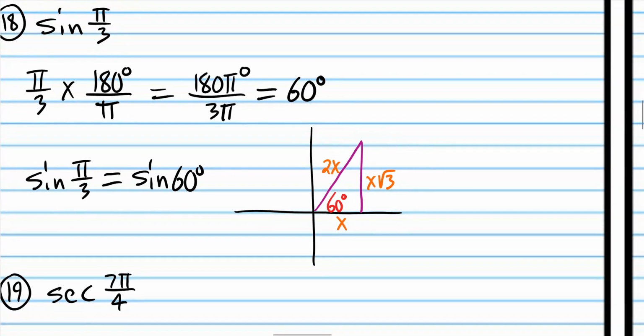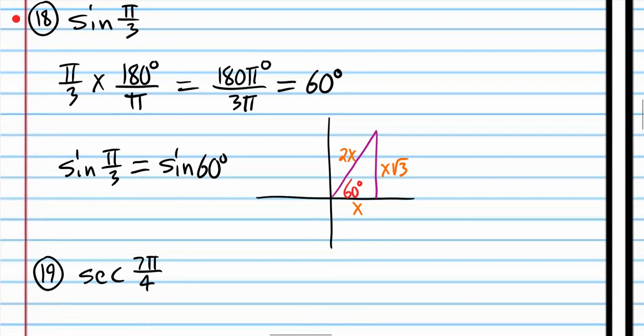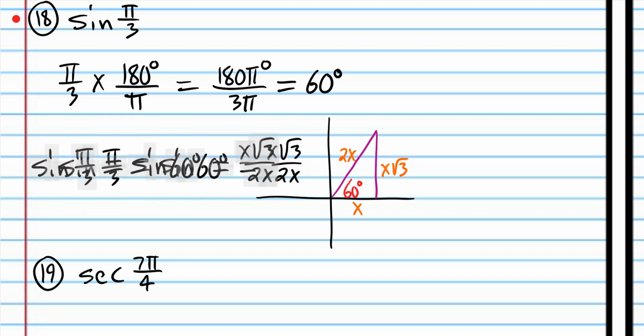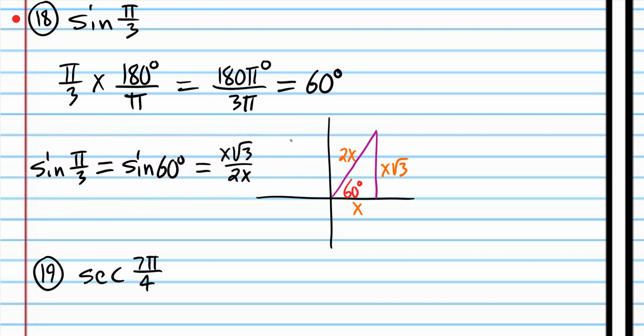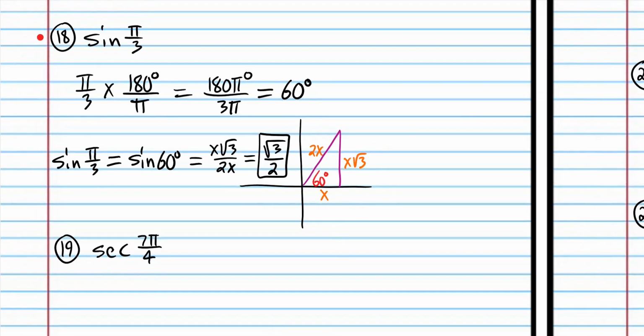Adjacent side is x. So sine is defined to be the opposite side of the red reference angle divided by the hypotenuse. So we have x root 3 over 2x, and if we cancel out the x's, then we get root 3 over 2. So there you go.